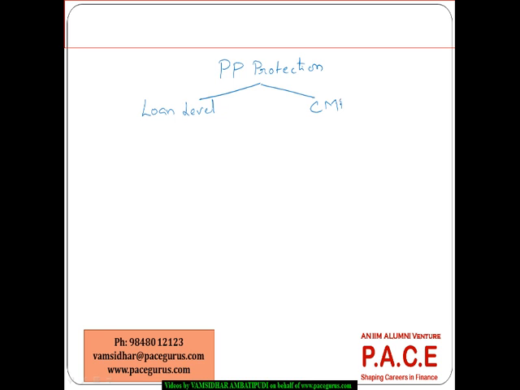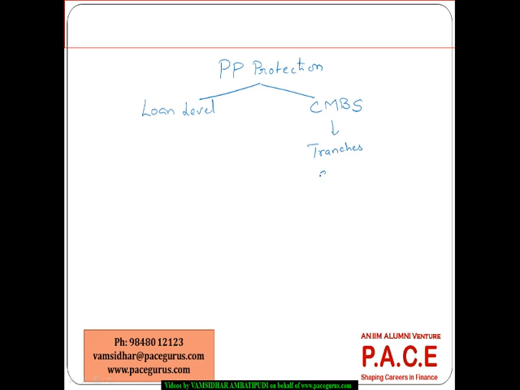Or there could be a kind of protection built in at the CMBS layer itself. If I'm talking about the CMBS layer of protection, it's purely through the tranches, a senior-subordinate kind of tranche structure, each tranche carrying a different credit rating.